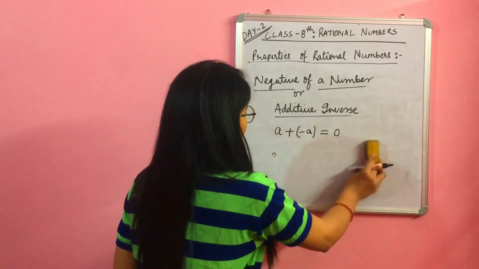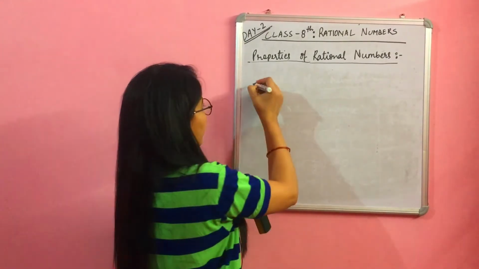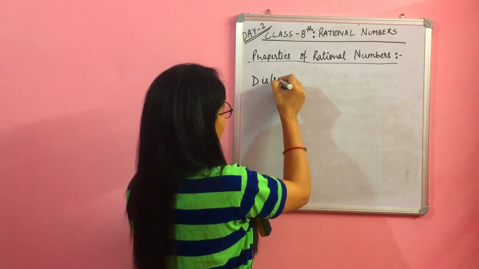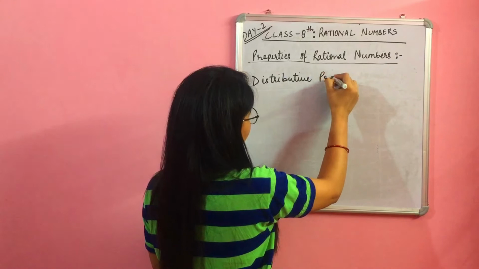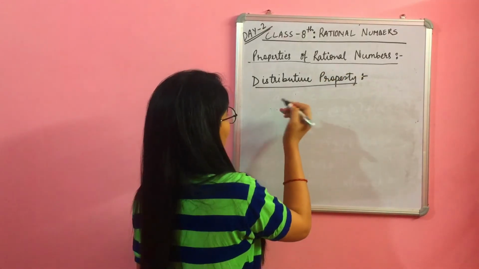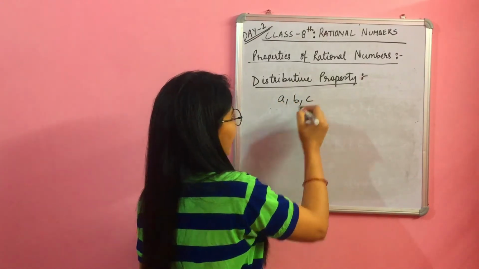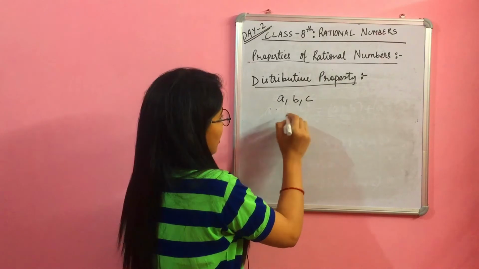Okay, now there is one more property in rational numbers, that is known as the distributive property. It says that if there are 3 elements, whether they are natural numbers or whole numbers, it doesn't matter, this condition will satisfy.